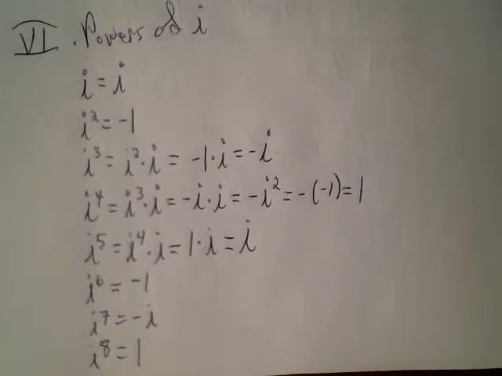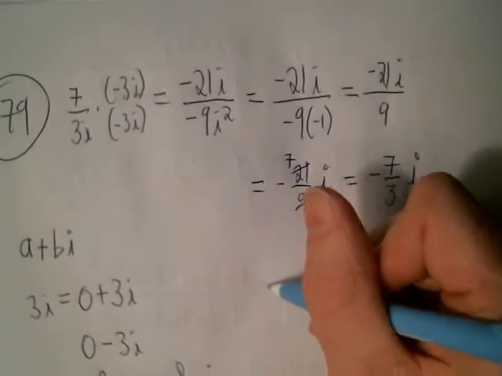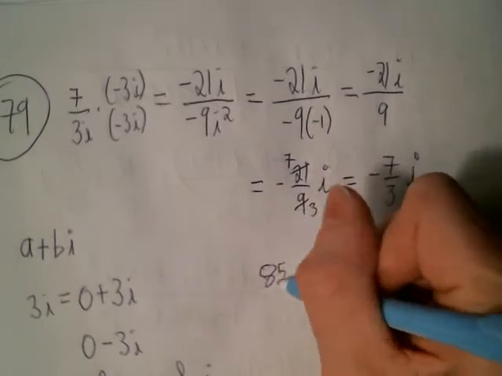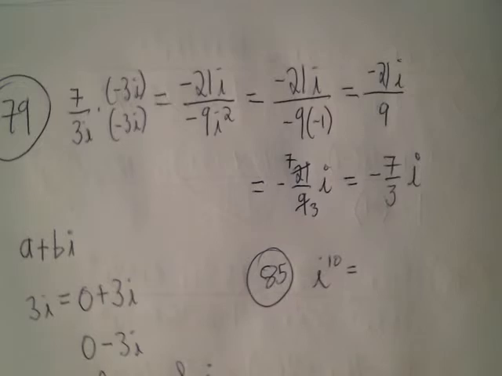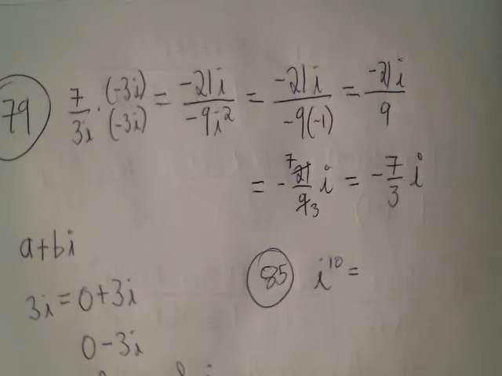Okay, so the book wants you to play around with this idea in order to simplify expressions. So let's look at some of those. Here's 85, and I have i to the 10th. So the trick, I think, is to try to get an i squared.